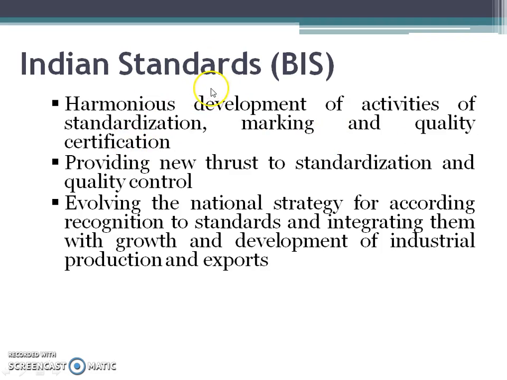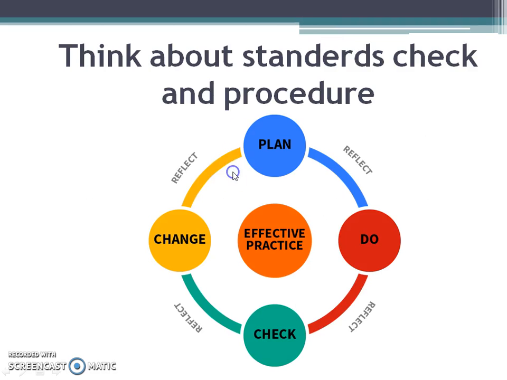The Indian standard requires for this aim providing new trust to standardization and quality control, evolving the national strategy for according recognition to standards and integrating them with the growth and development of industrial production and exports. This is some kind of industrial standard that should be followed as required by the Indian standard, that is called BIS, right?